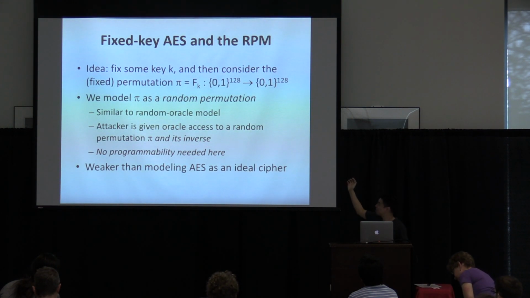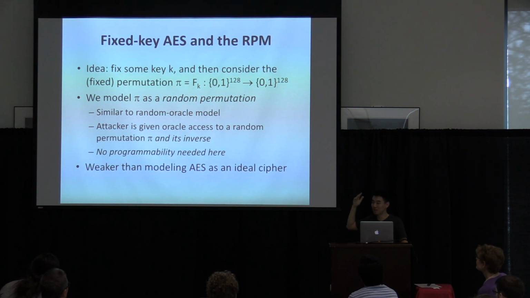So first, the random permutation is more efficient because there are plausible ways to instantiate it, in some way that we don't have any attacks distinguishing a random oracle or random permutation against the fixed-key AES.